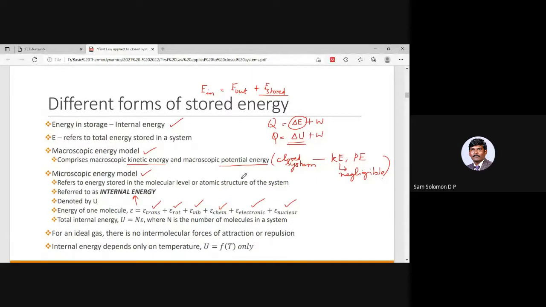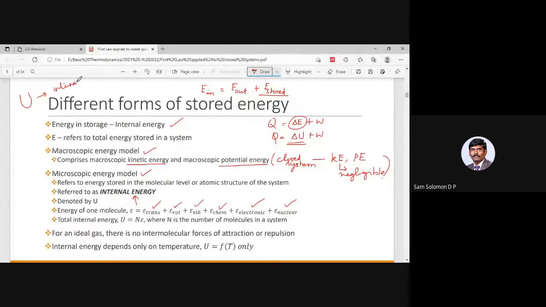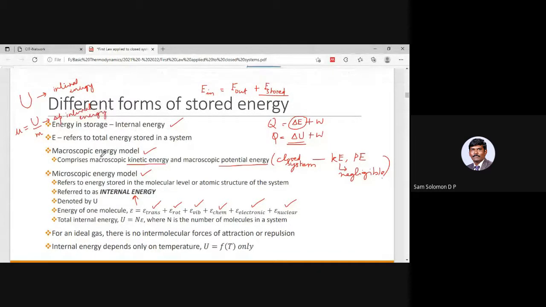And we will represent this internal energy as capital U. So capital U is your internal energy, and small u is capital U divided by mass, and you call that specific internal energy. And this we already know, for an ideal gas there is no intermolecular force of attraction or repulsion, so your internal energy is just taken as a function of temperature only.